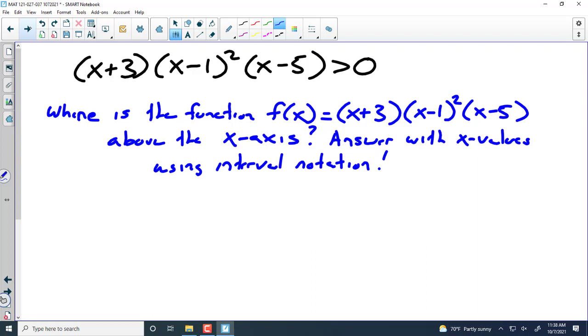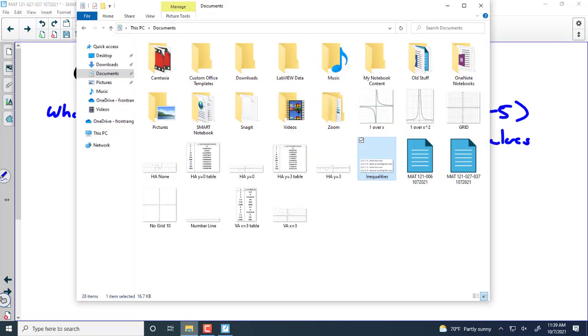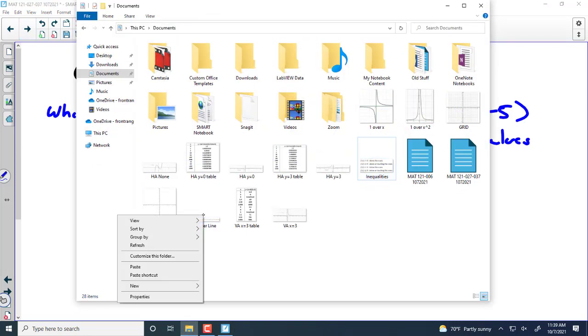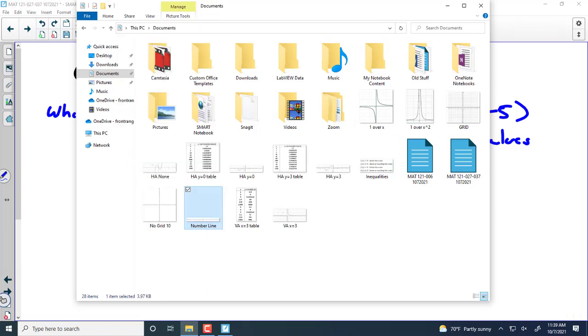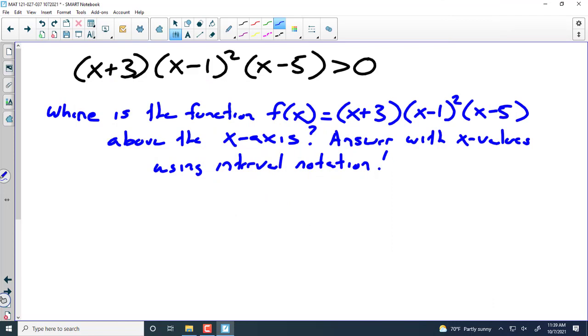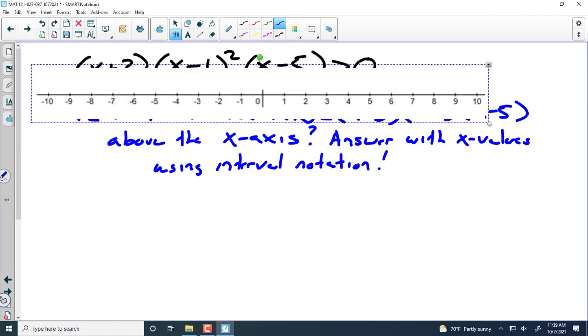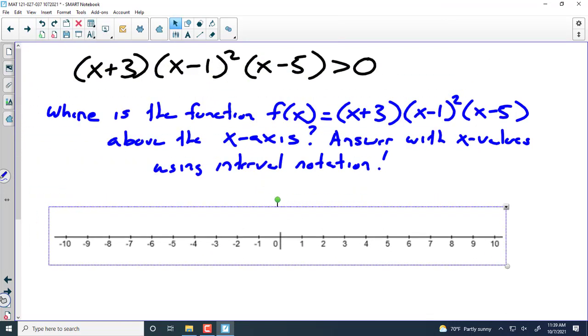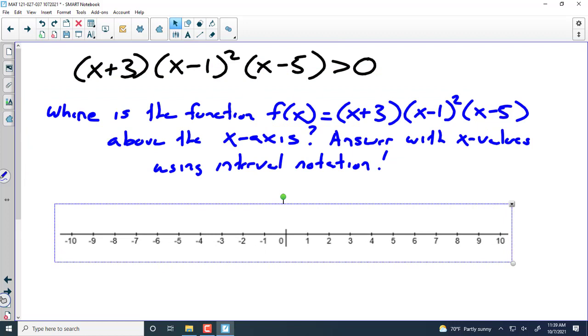So we're going to use whatever machinery we have to answer this question without actually having to draw the entire graph. Let me bring up something a little easier than a graph: a number line, in other words, just the x-axis.